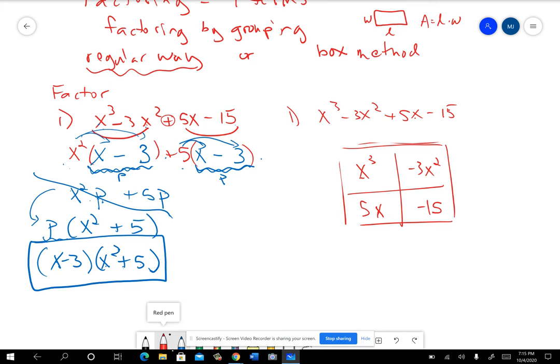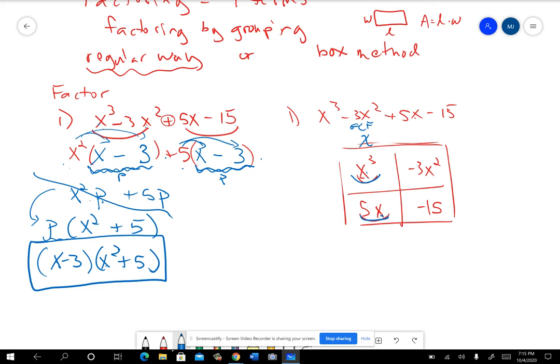All right, so here's your plan. Let me change to blue. What you do is you look at the x to the third and the 5x, look at these two, and you think about how there's an x common. Right here, I'm going to put an x. This needs to be the GCF. If you don't pull out the greatest common factor, the rest of it falls apart.